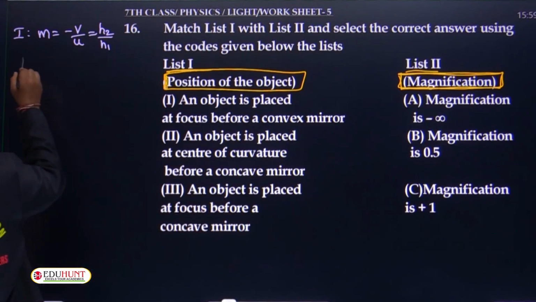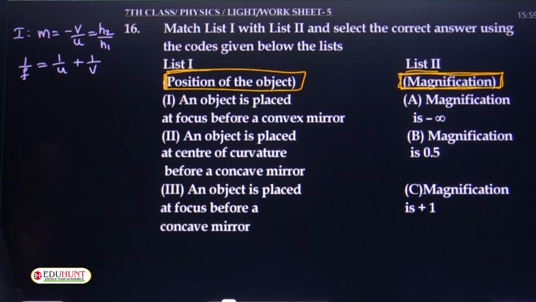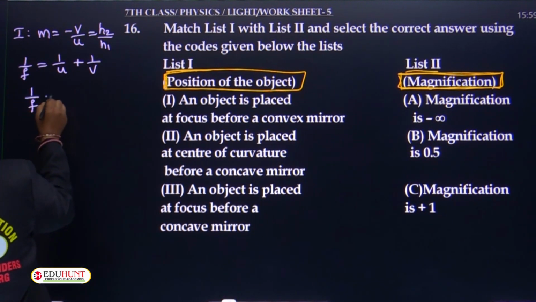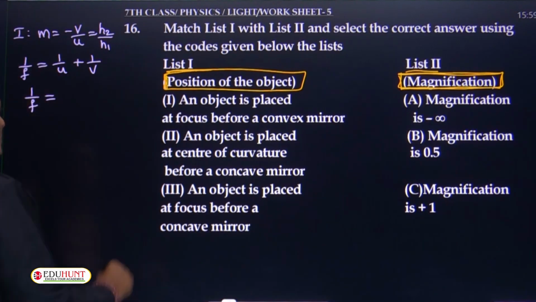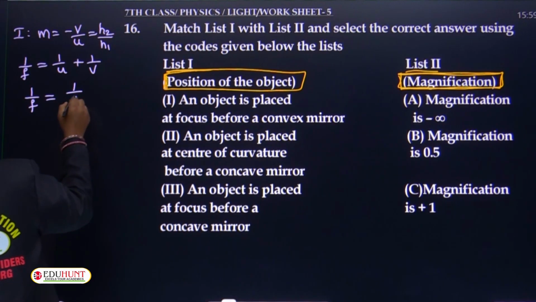So in order to find the value of v, first using the formula 1 by f equals 1 by u plus 1 by v, let us try to find it out. Here 1 by f, let us take it as it is. The value of u should also be f, the object is at focal length f.